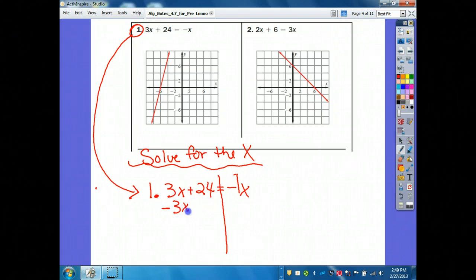Minus 3x to both sides. That cancels out. I have 24 equals what? Negative 4x. Now I need to divide by a negative 4. What does x equal, everybody? Negative 6. Circle your answer.